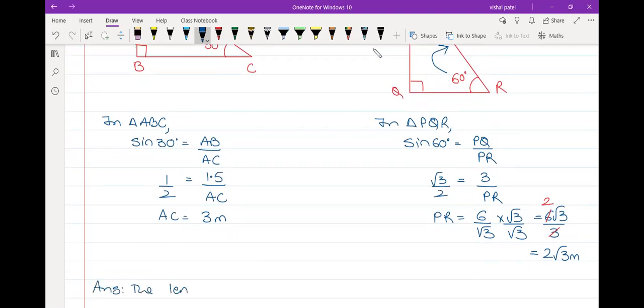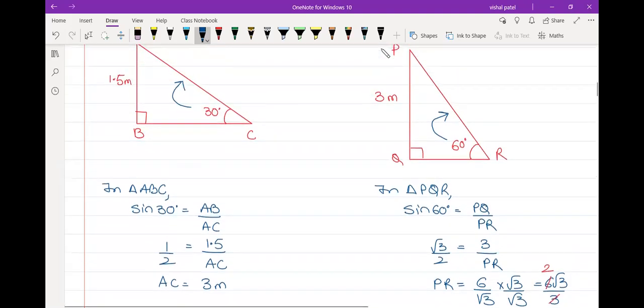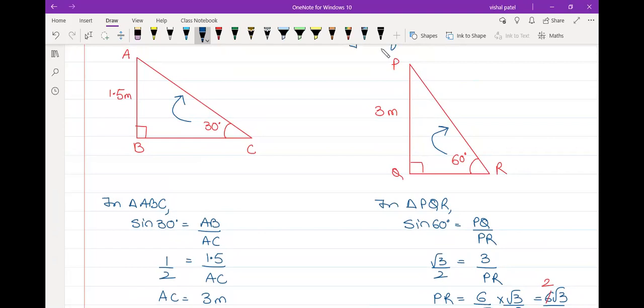The lengths of the slides are 3 meters and 2 root 3 meters. Students, any doubts? Let me know. Okay, this is the question.